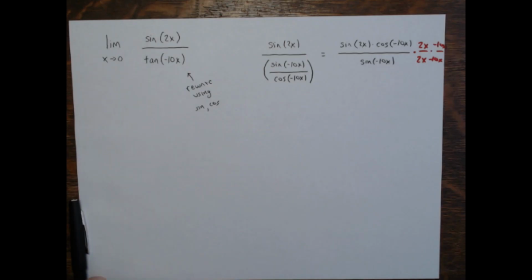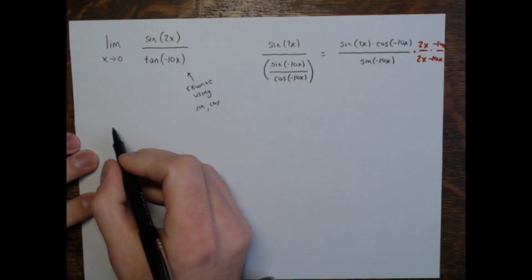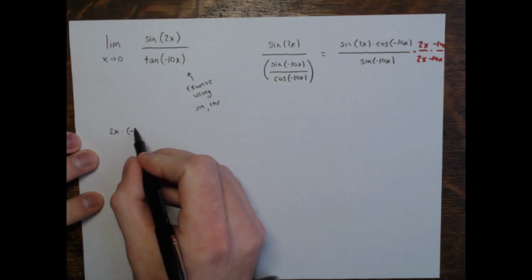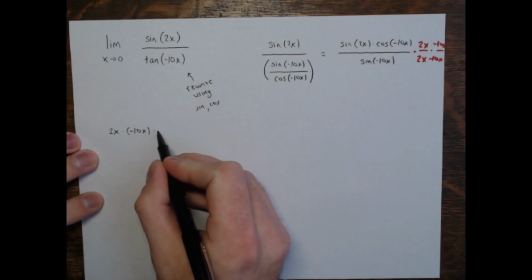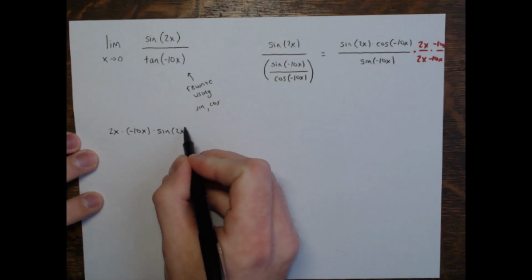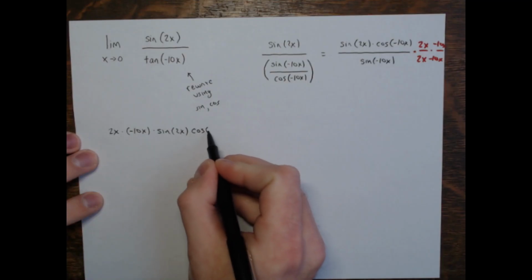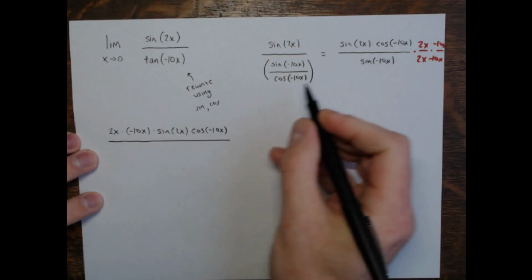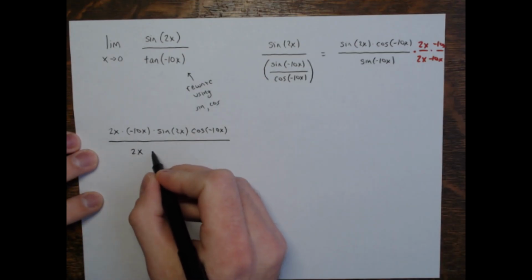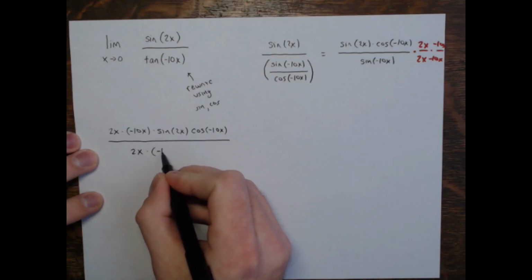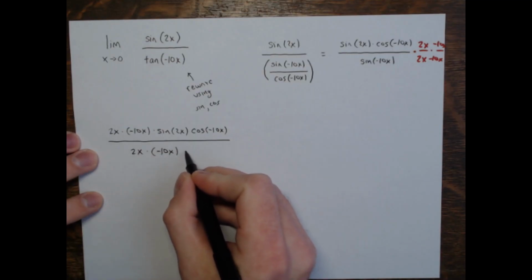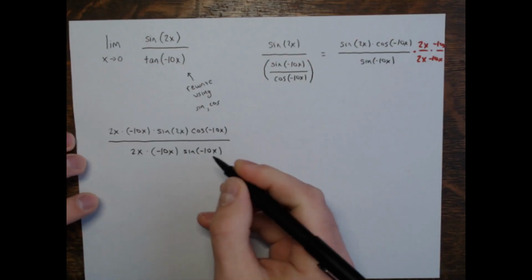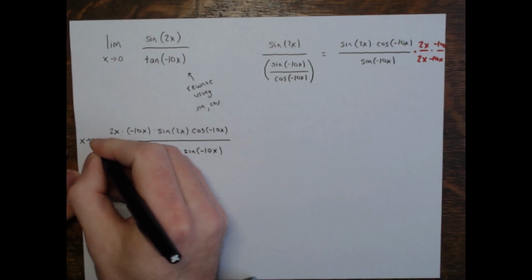So I have 2x times negative 10x times the sine of 2x times the cosine of negative 10x in the numerator. And the same thing, I multiply by 2x times negative 10x times the sine of negative 10x in the denominator. And then, x is approaching 0.